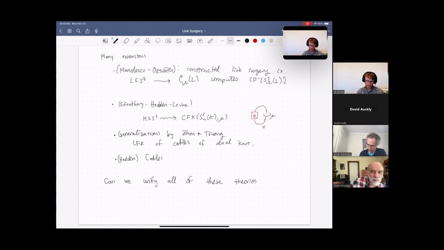Because on the face of it, each of these results is independent. They all use similar techniques, but they don't fit into a single unified package, and their relation is not necessarily clear. Sometimes the authors will use ad hoc arguments to figure something out, and it's clear there's a very deep theory there, but it's not entirely clear how to relate the link surgery formula to, say, the Eftekhary, Hedden and Levine formula.